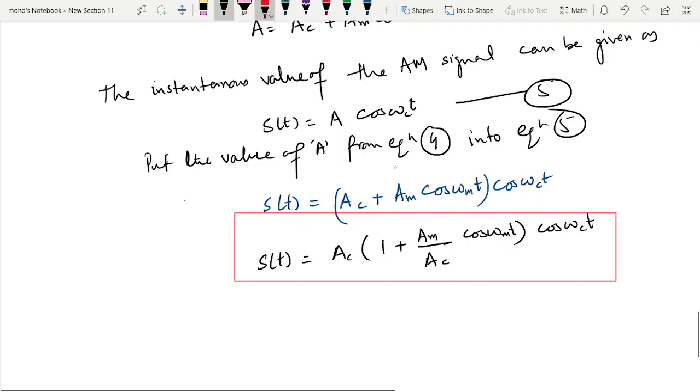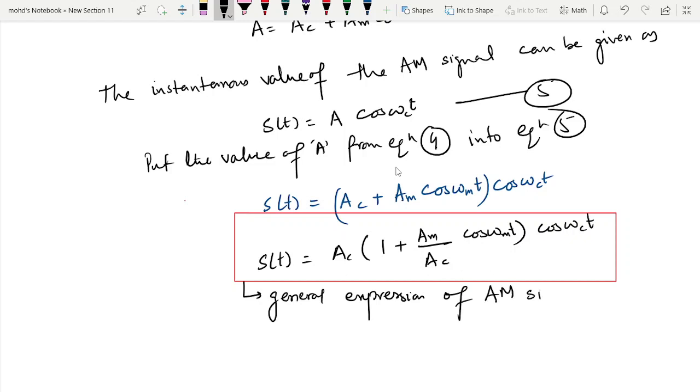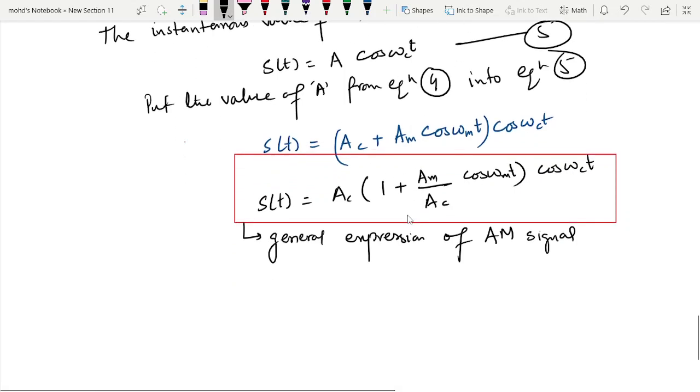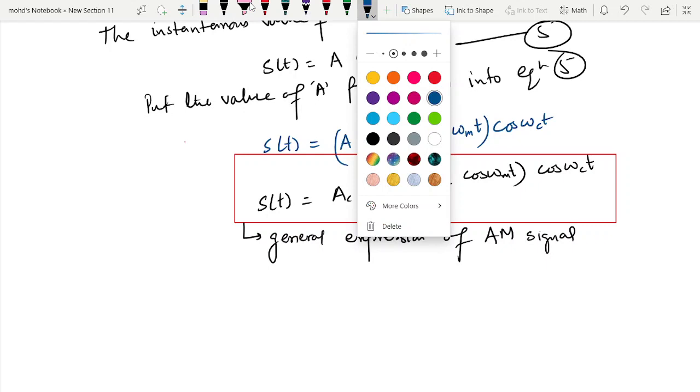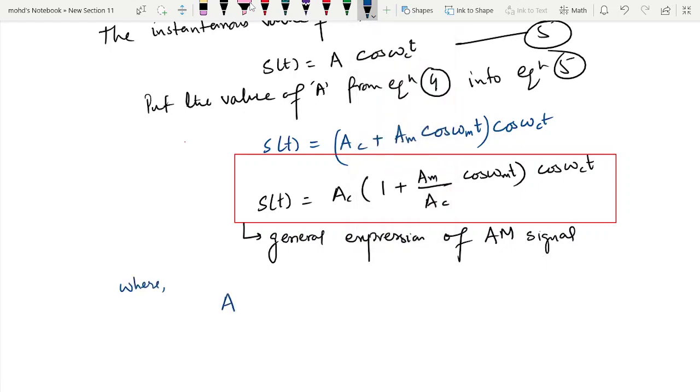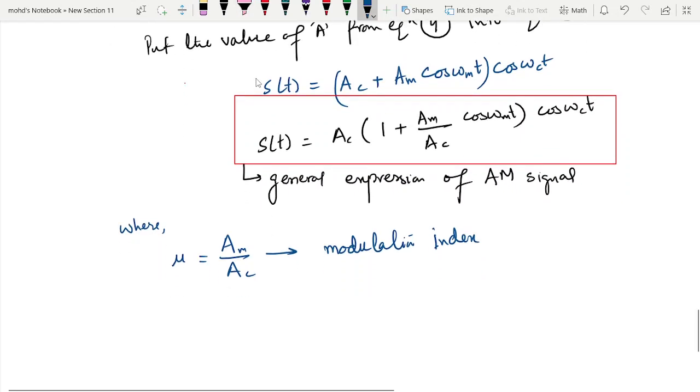This is a general expression for an amplitude modulated signal, where Am by Ac is equal to mu, also called the modulation index.